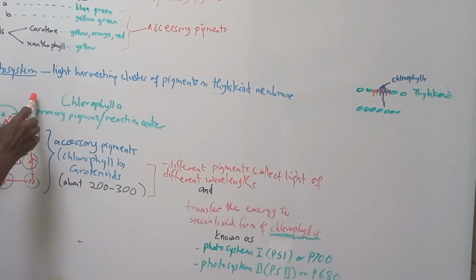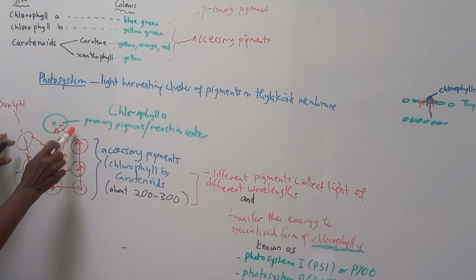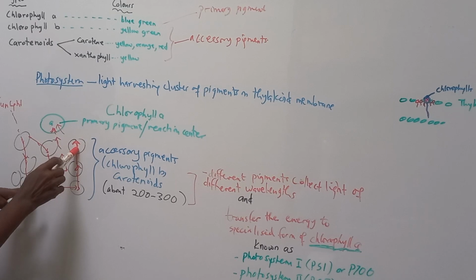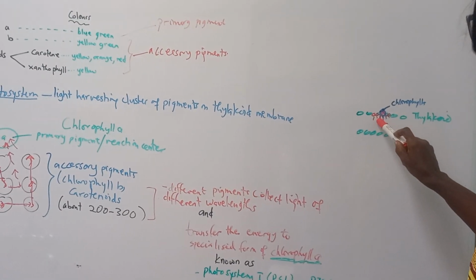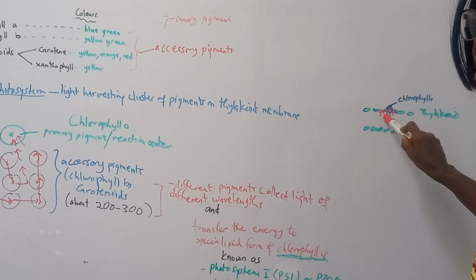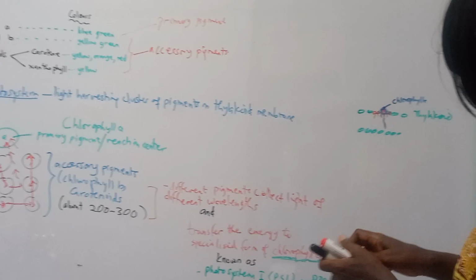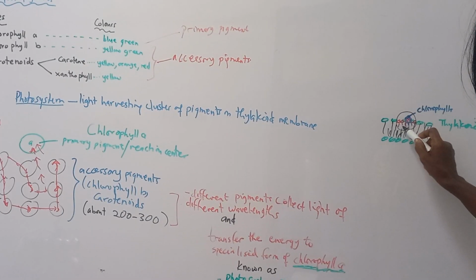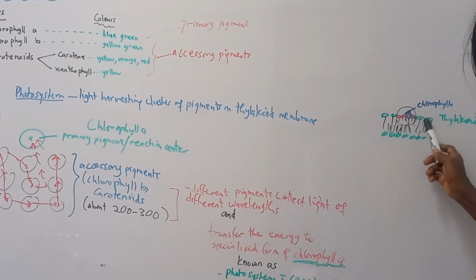As we have said, these accessory pigments are arranged nicely with the primary pigment, and they are on the thylakoid membranes. We discussed this in our lesson on chloroplast adaptation. So this is the thylakoid membrane, or the grana, and this is the photosystem. And there are plenty of photosystems on the grana.